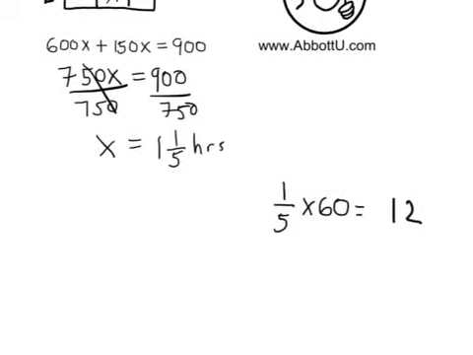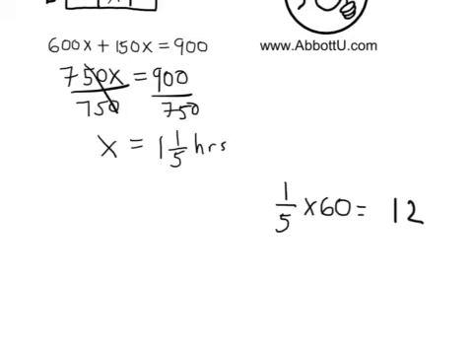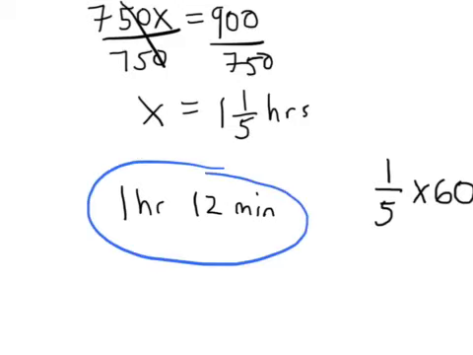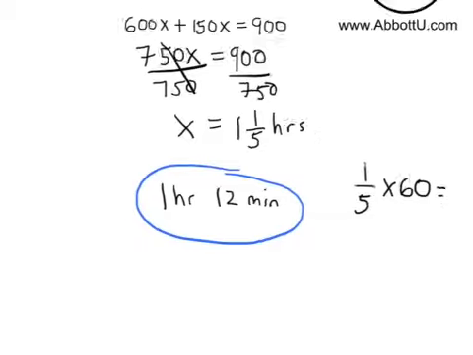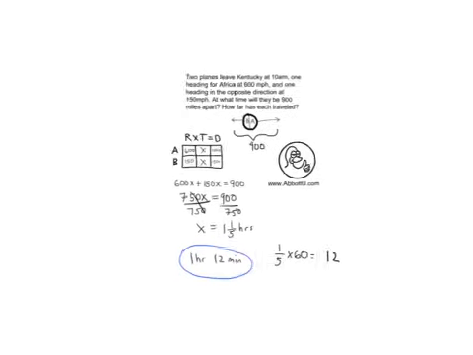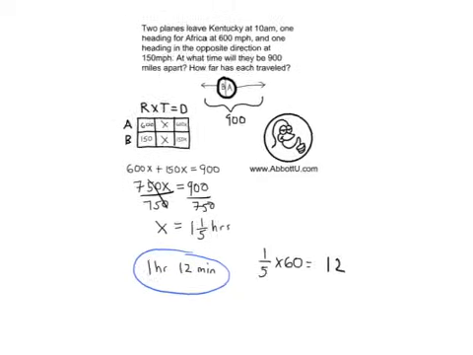Just to make things easy for us, I'm going to write that right here. So we've got 1 hour and 12 minutes. You know what? I'm going to bring another color into the video. Yeah, baby. 1 hour and 12 minutes. Now, remember, the word problem is not asking for how long the planes were flying in the air.